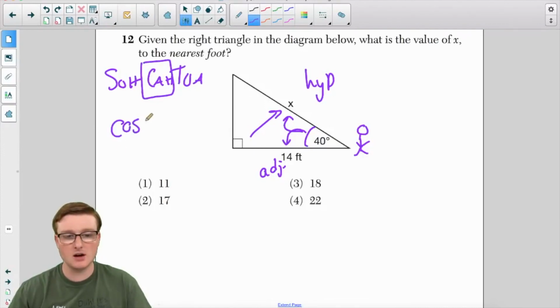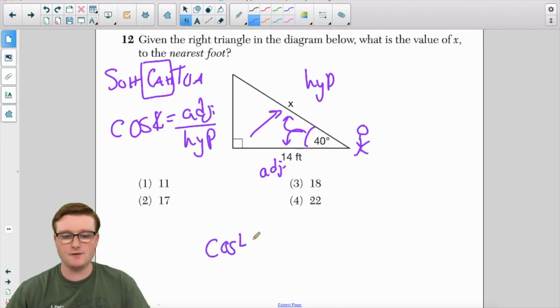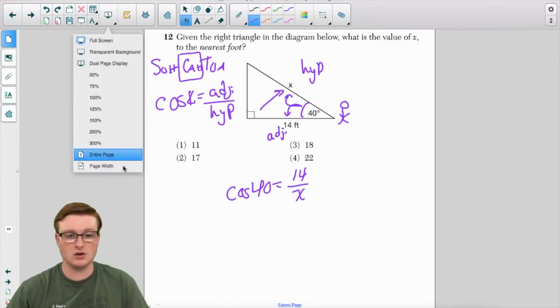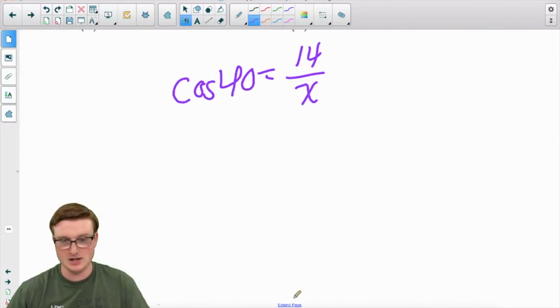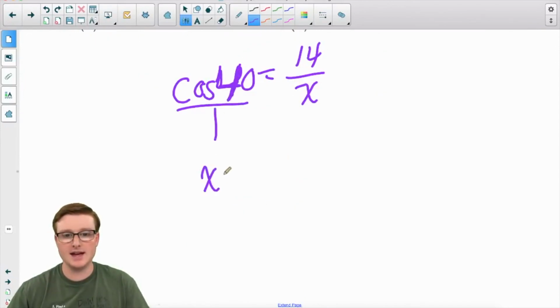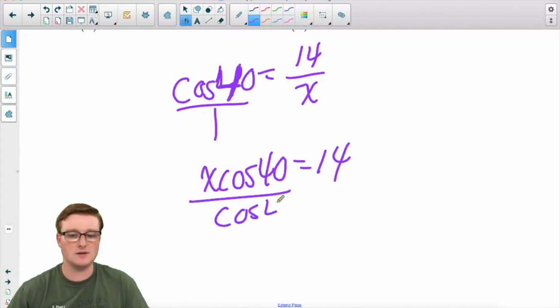So the cosine of some angle is equal to the adjacent over the hypotenuse. So the cosine of 40 is equal to the adjacent, which is 14, over the hypotenuse, which is x. We are then going to cross multiply this information. Put that over 1, we get x cosine 40 is equal to 14, divided by cosine of 40 on both sides.